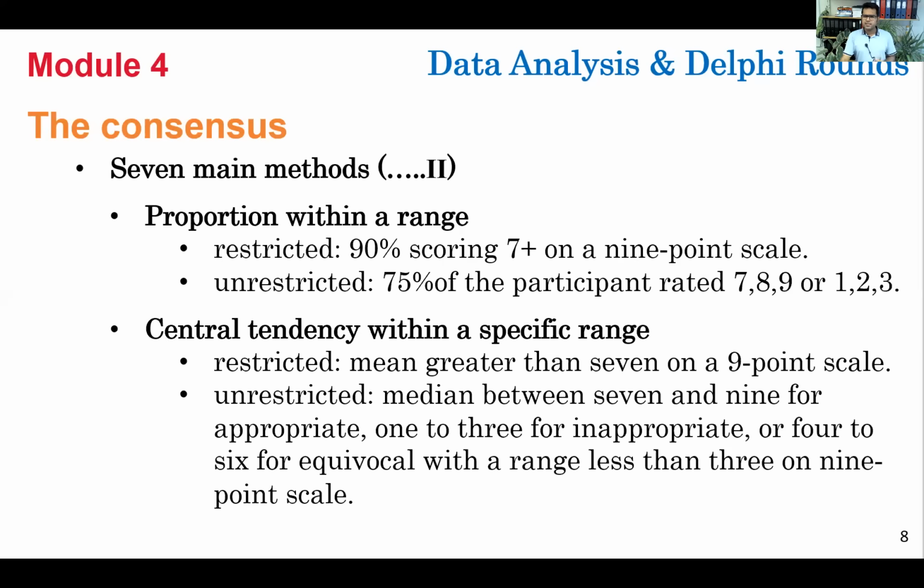While central tendency is considered in the latter case, selection is based only on a median score greater than a predefined threshold. For example, indicators having a median score of 7 or more are selected.